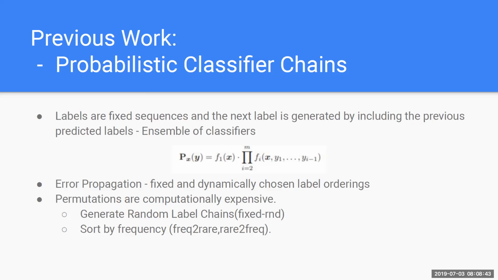It could be any parameterized function of your input giving you the output, so F1 or Fi basically. The classifiers are trained individually, and the next label is generated based on the previous labels generated. So it's dependent on the previous values.